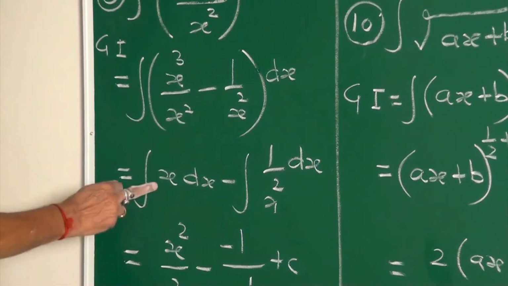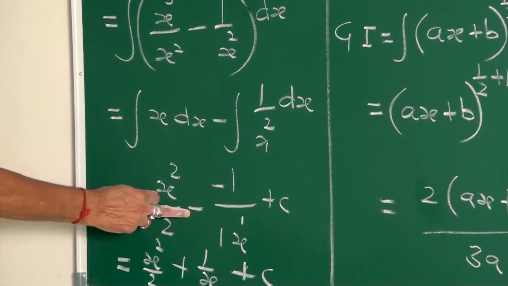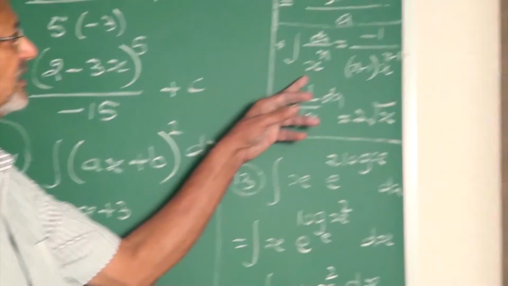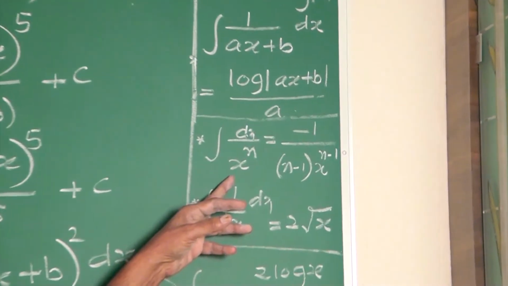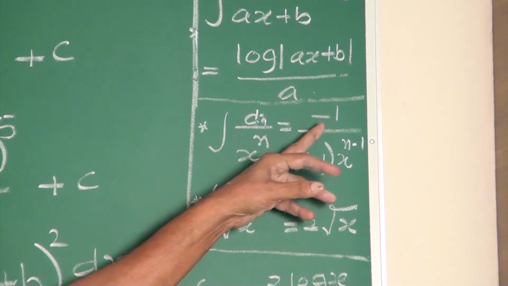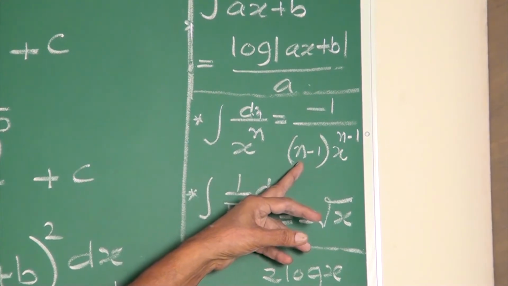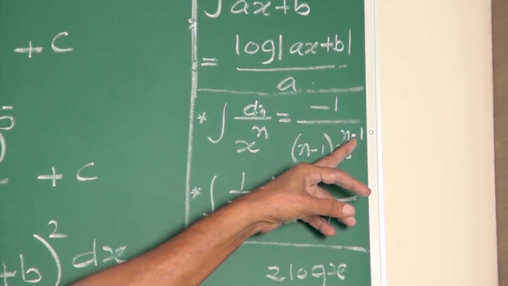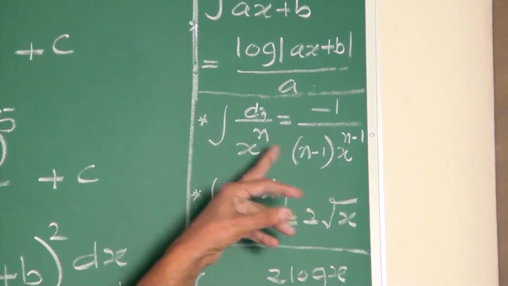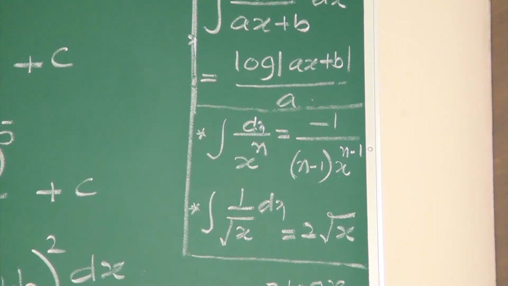My friends, you have to make use of this formula: integral of 1 upon x to the power n is minus 1 upon n minus 1 times x to the power n minus 1. The coefficient and the power of x must be the same, and it is 1 less than the given power.